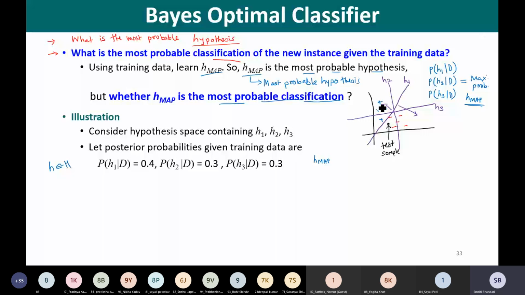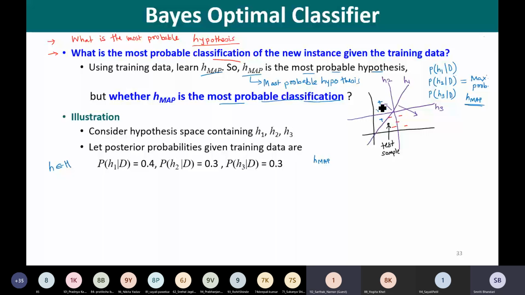So if I want to classify this sample using H1, what would be the class? I'm using this H1, this hypothesis, and I want to classify this particular test sample. So what would be the class for this sample, whether it is positive or negative? We are using this H1.